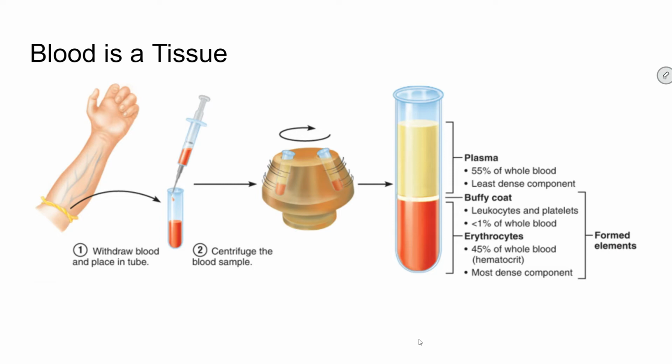The other 45% is called the erythrocytes, or the red blood cells, or RBCs. And this is the most dense component because this is actual cellular component here. And blood makes up approximately 8% of someone's body weight. And so you can just do the math and you're like, wow, I have a lot of blood in me.